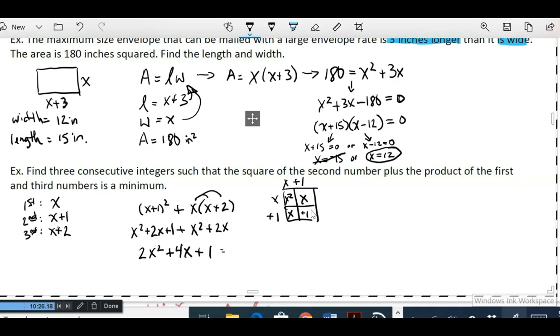And so if x equals negative 1, then the second would be negative 1 plus 1, which would be 0. And the third would be negative 1 plus 2, which would be 1.